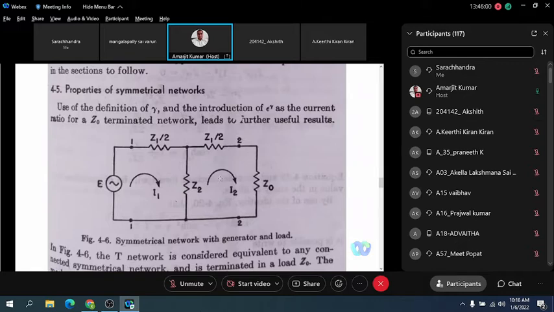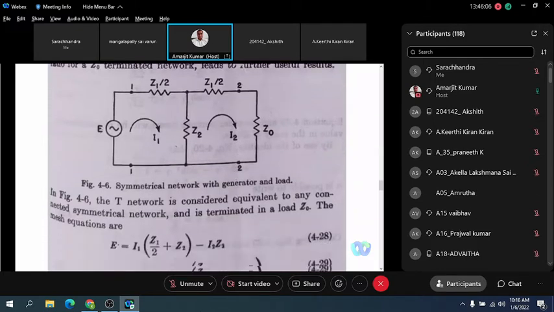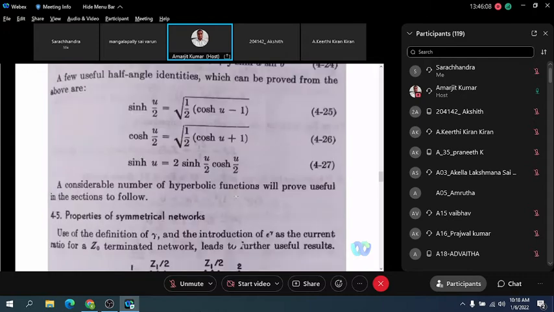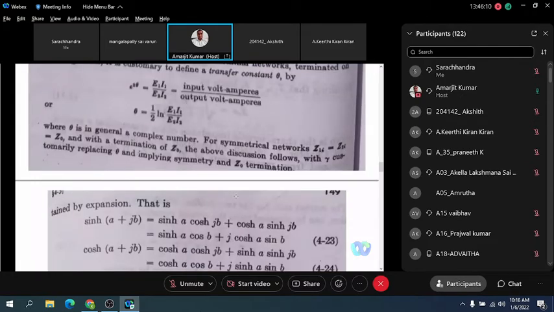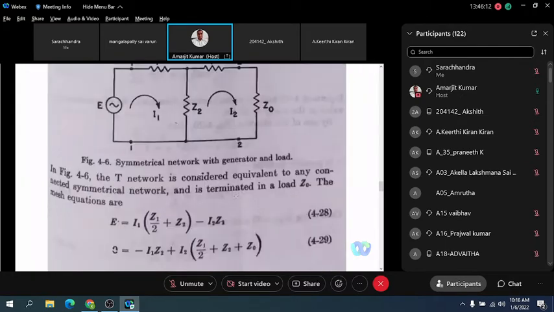Okay. And you can use mesh equations and calculate I1 and I2. So the question is how we can define the propagation constant. That is defined as the ratio of input and output current.